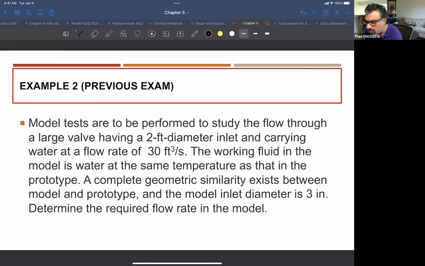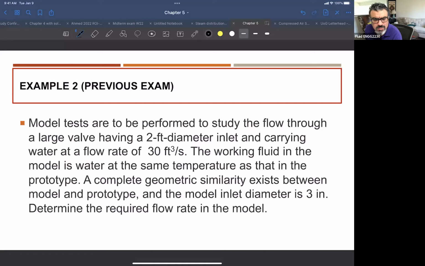This might be like a water distribution system in a city. And the main line is more than 2 feet diameter. So you have a valve installed in this pipe, and you need to test this valve. You need to know, for example, at different flow rates, what is the pressure drop and stuff like that. If it's open, if it's closed, stuff like this, right?